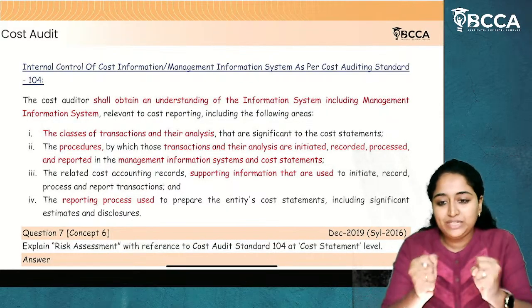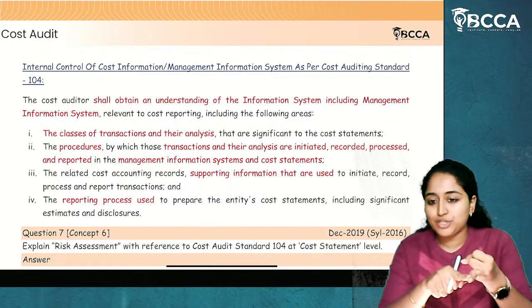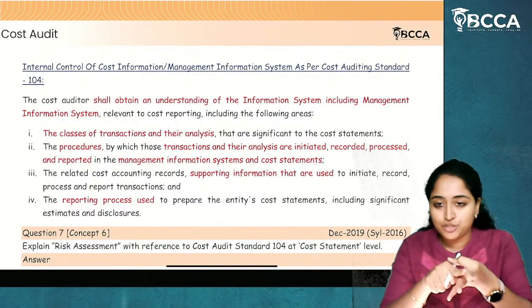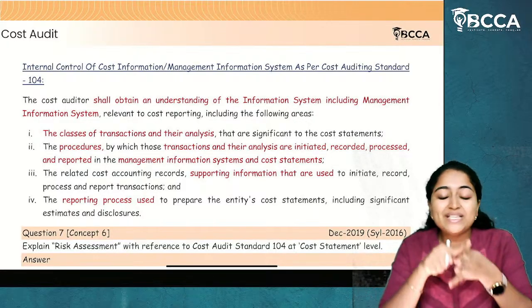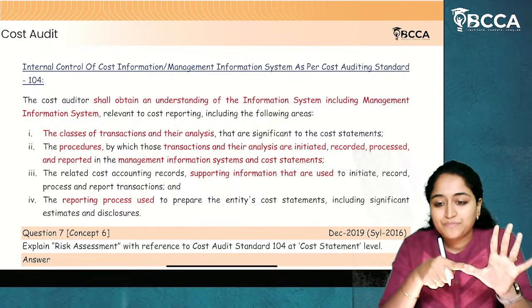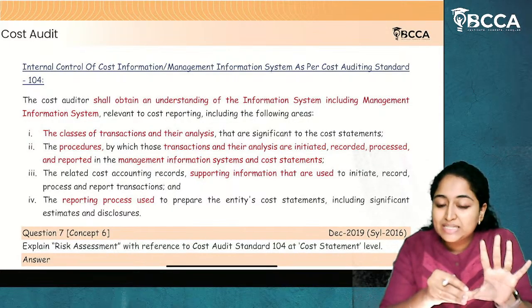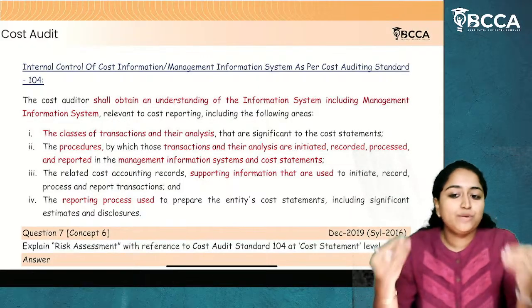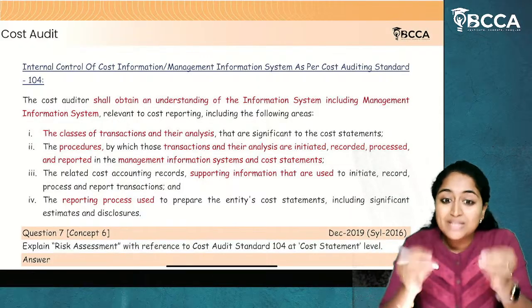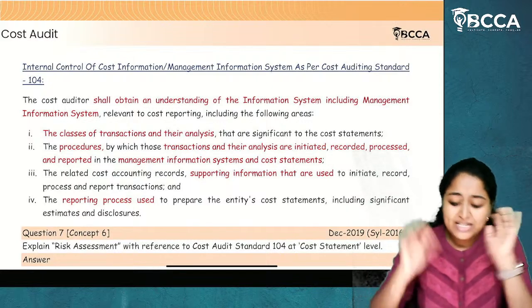We have completed Unit 1 Basics of Cost Audit, Unit 2 Companies Cost Records and Audit Rules 2014, Unit 3 Cost Auditor, Unit 4 Cost Accounting Standards and GESA, and Unit 5 Cost Auditing and Assurance Standards. I have told you how questions will be tested, how you have to present in the examination, and what kind of questions will be asked. What concepts are important also we have discussed.